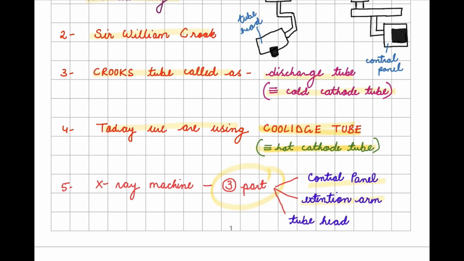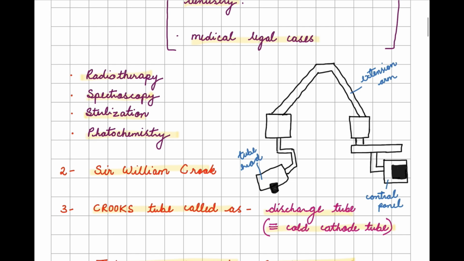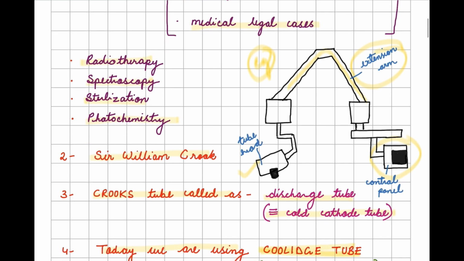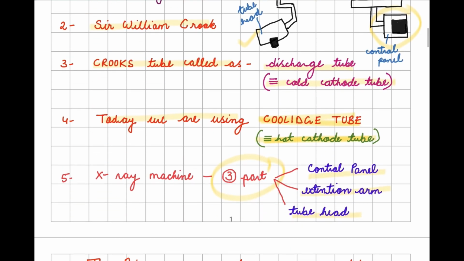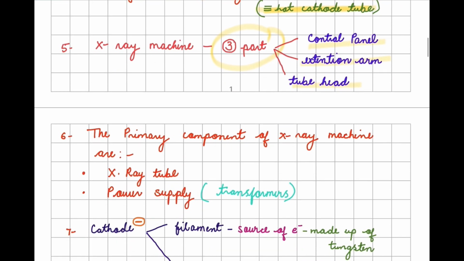First is the control panel, second is the extension arm, and third is the tube head. So this is the diagram. This is the tube head. This you can see, this is the extension arm and this is the control panel. So these are the parts of the X-ray tube or X-ray machine, I would say.